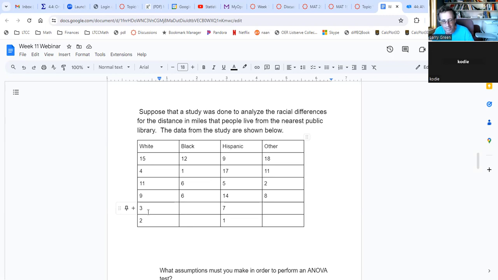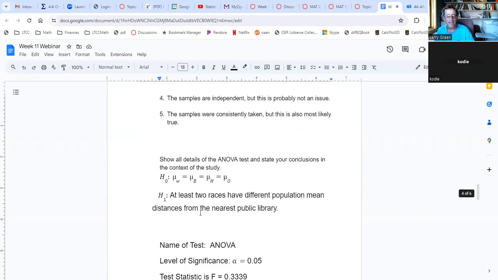So just a warning: just because I did it as an example doesn't mean you should ever do this in the real world. The only reason I kept the numbers small is so it'd be really fast for me to show you how to type them in. In the real world, you would definitely ask more than 6, 4, 6, and 4 different people from each of the groups. That would be ridiculous, so I want to give you that heads up.